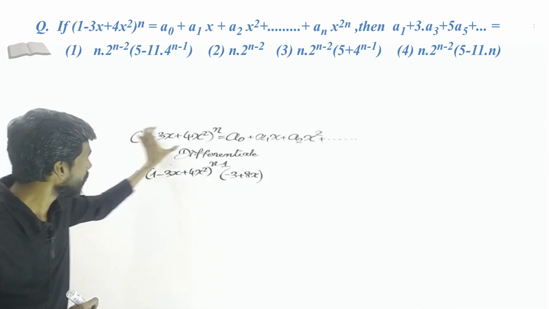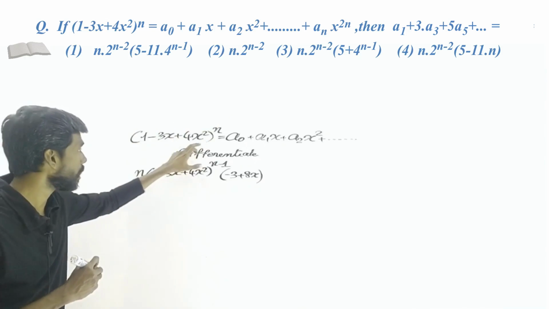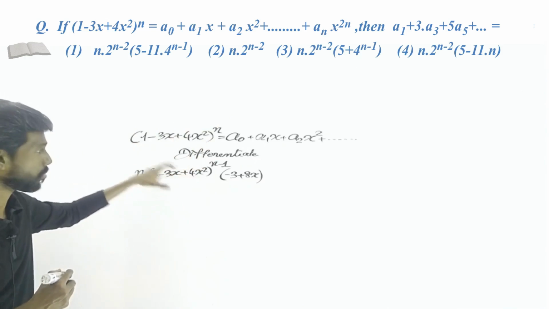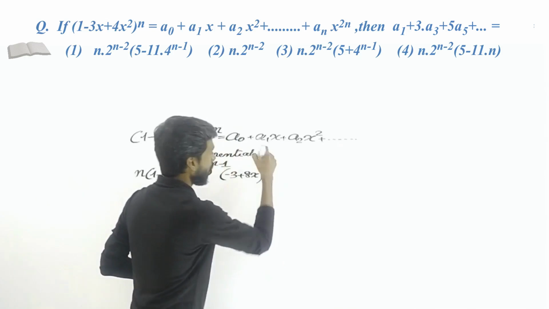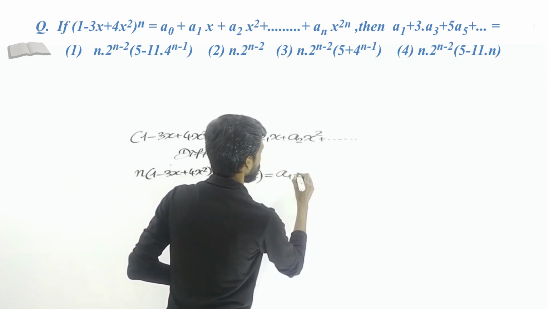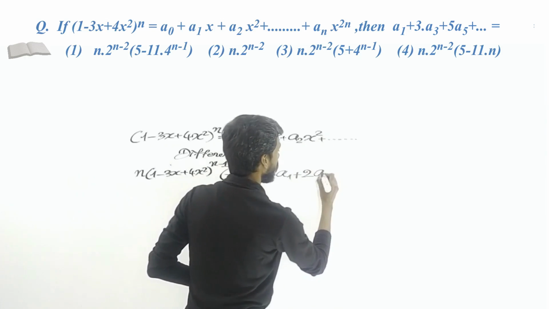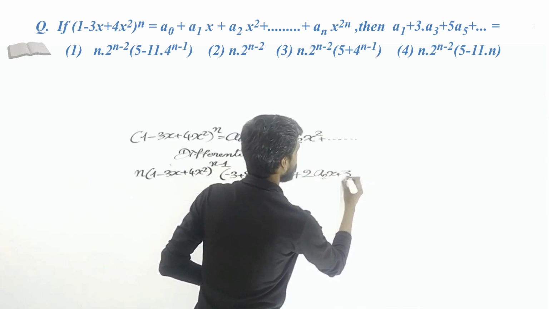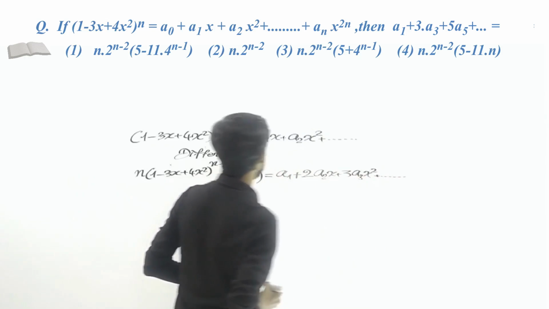On the right, the derivative is a1 plus 2a2x, next 3a3x squared, like that. So that is the expansion.